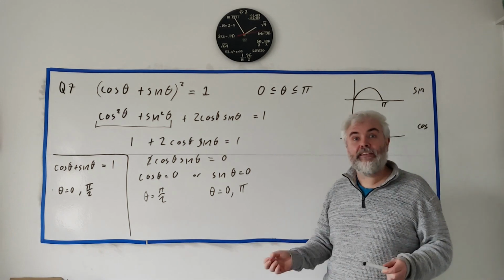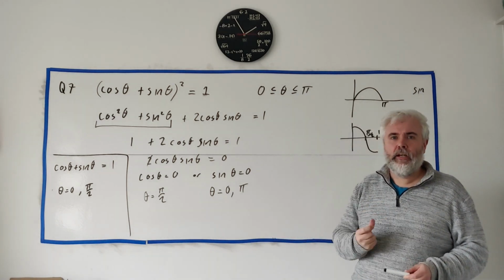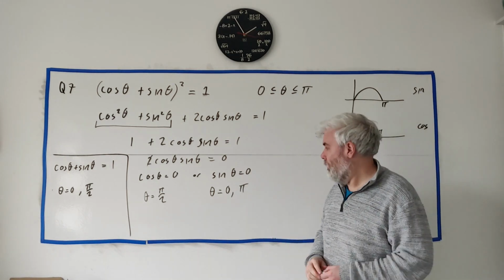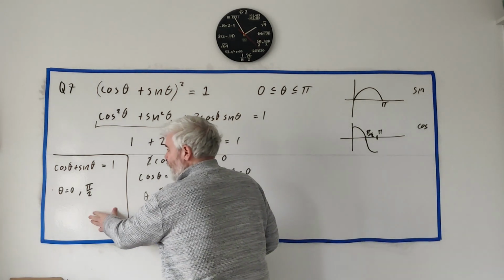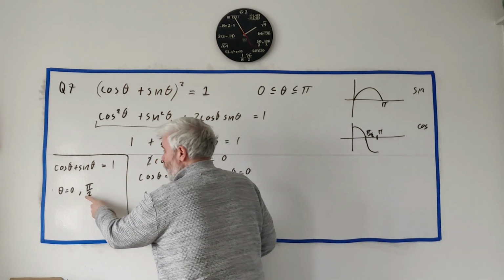Okay, it does tell you hence verify. Hence means look at the previous question. Previous question we got 0, pi over 2, and pi. Here they're telling us the only answers are 0 and pi over 2.